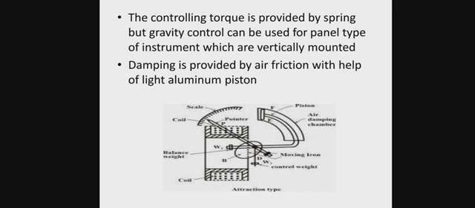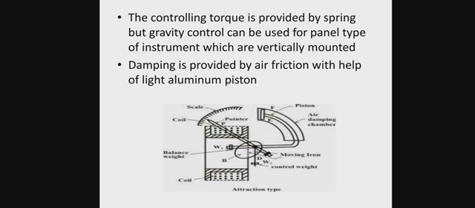In simple language, we can describe its operation: when the current to be measured is passed through the fixed coil, a magnetic field is produced.